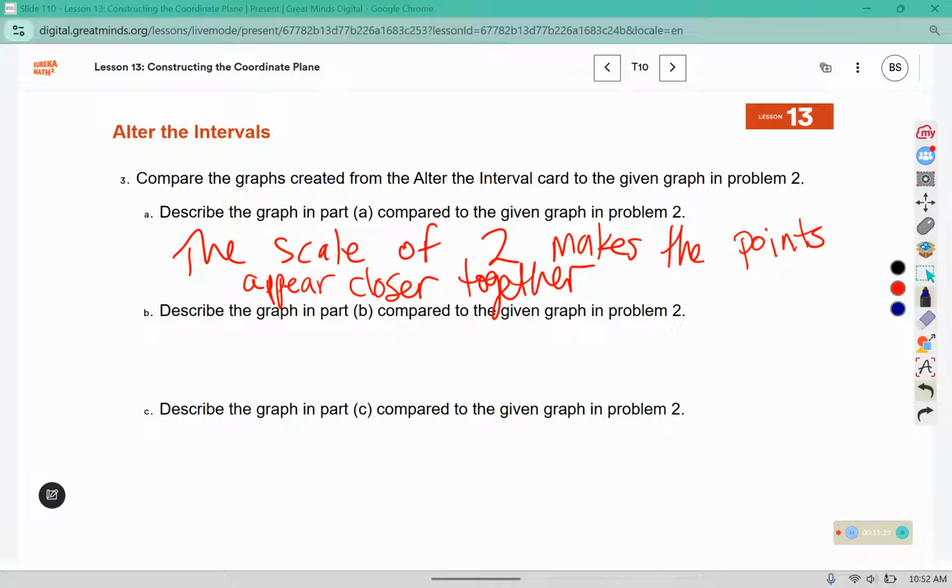When we use a scale of a half, it makes them look more spread out.